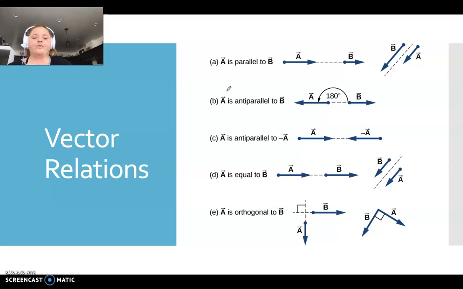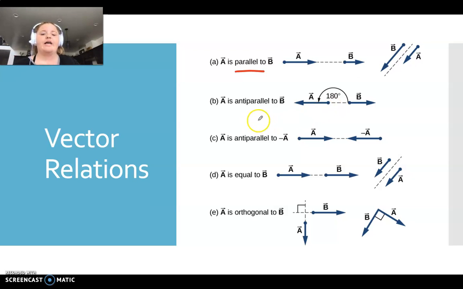So when we're looking at two vectors and they are in the same direction, so we have A here and B, they're traveling in the same direction. This means that they are parallel to each other. So A is parallel to B since they're pointing in the same direction.